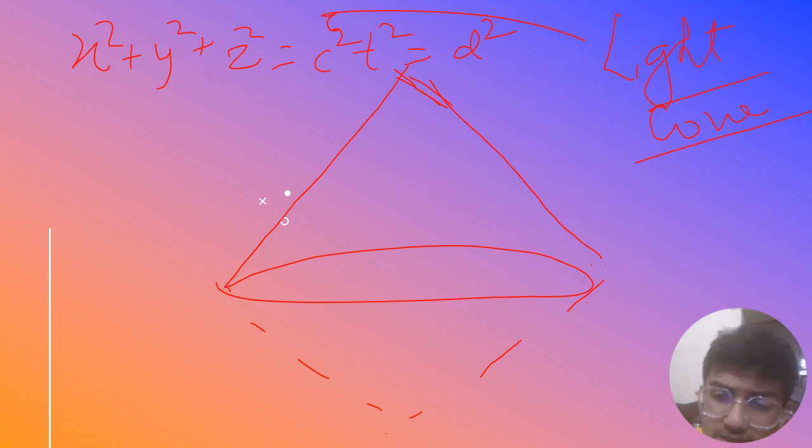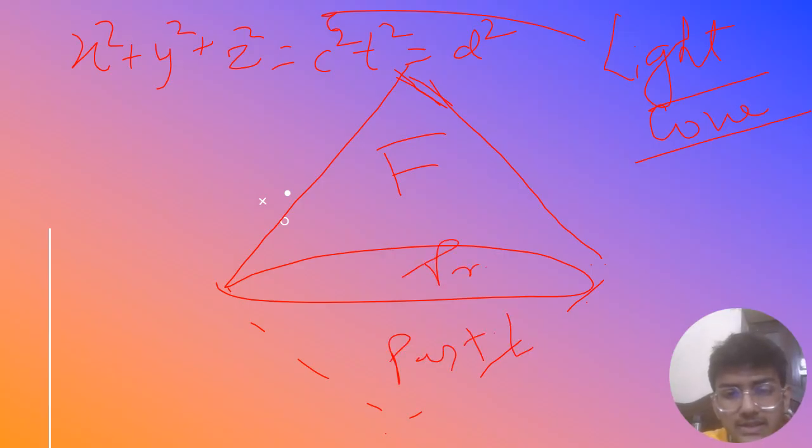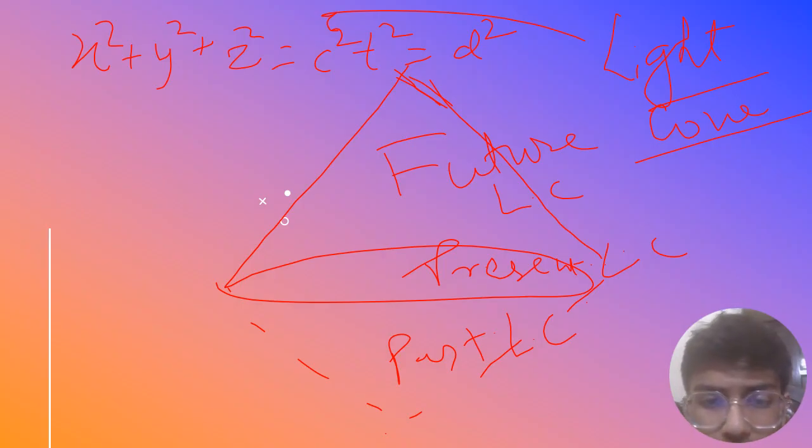Now there are three types of light cone: future light cone, past light cone, and present light cone. So you just see this. We will take future, present, and past. This is the past light cone, this is the present light cone, and this is your future light cone. So what does it mean?